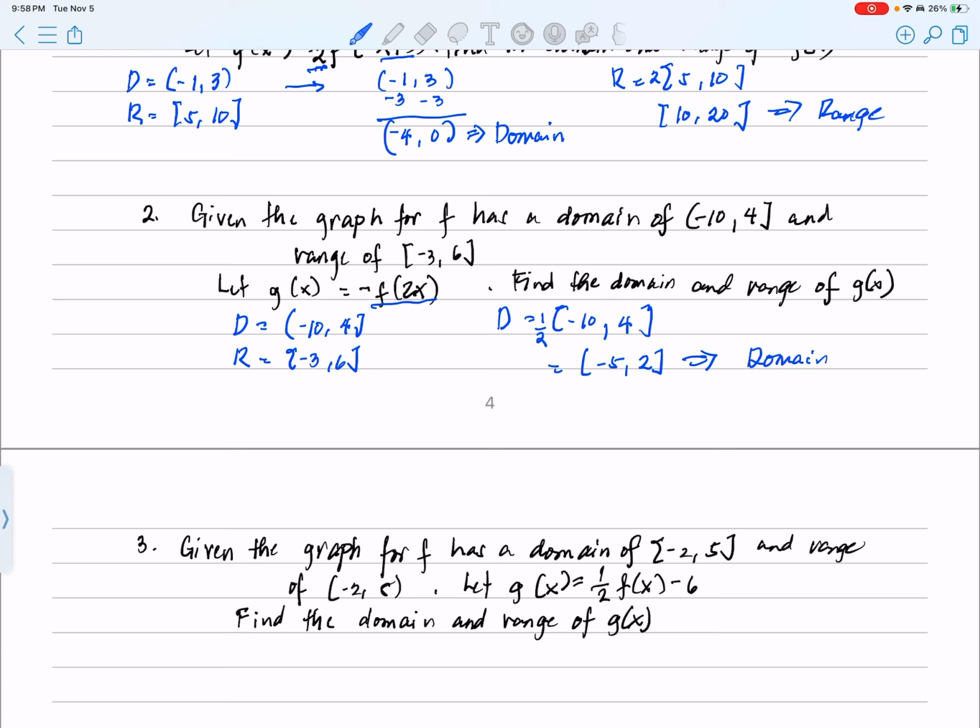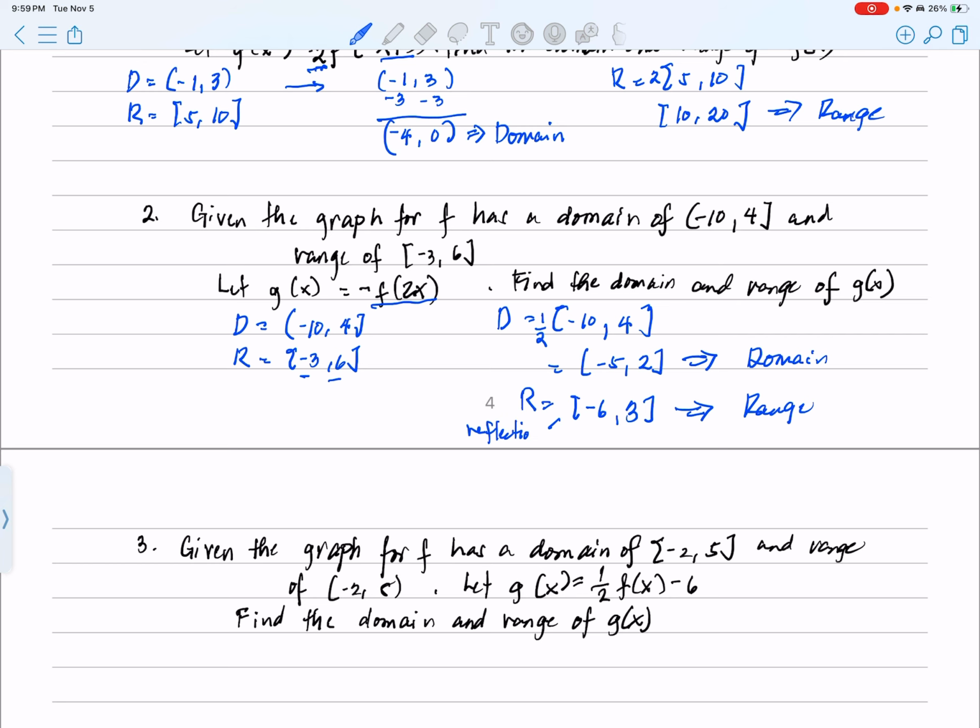It is reflected. So when it's reflected, the x and the y are also inverted or switched. So the positive 6 would become a negative, and the negative 3 would become a positive. This is the new range. What's the reason for this? Because of the reflection.